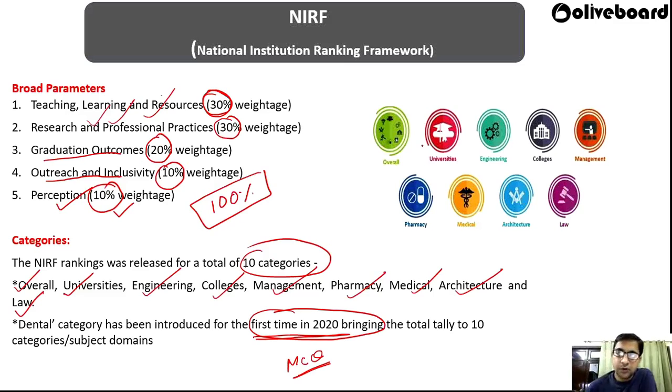That is overall, university, engineering college, colleges, management, pharmacy, medical, architecture, law, and dental. So 10 categories are now under NIRF, National Institute Ranking Framework.